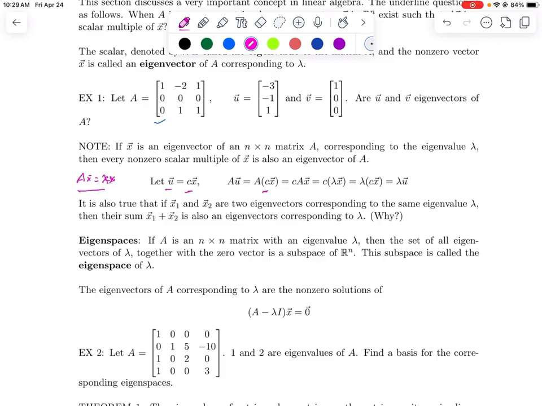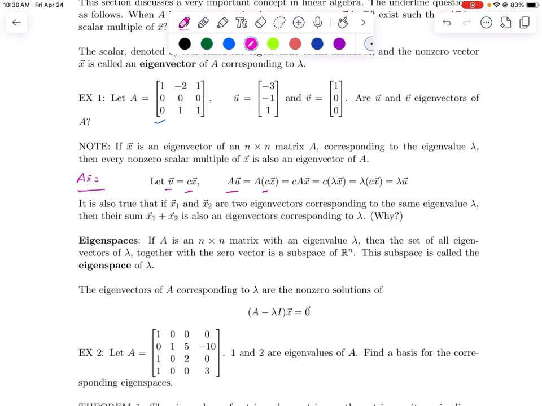So we start by multiplying the given vector: Au will be A times cx. Now we know by properties of matrices, if you have a matrix multiplied by a constant or a scalar, we can move the scalar onto the left or right. So we move the c to the left, we get c times A times x.